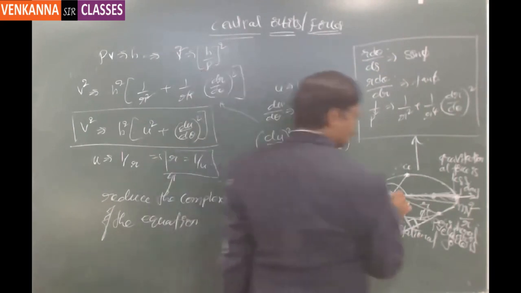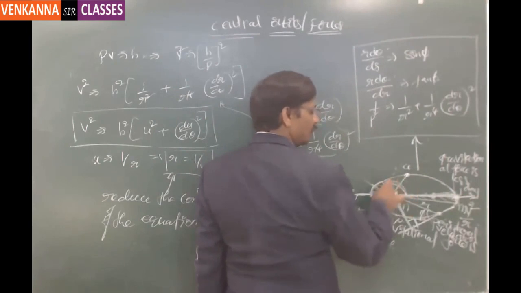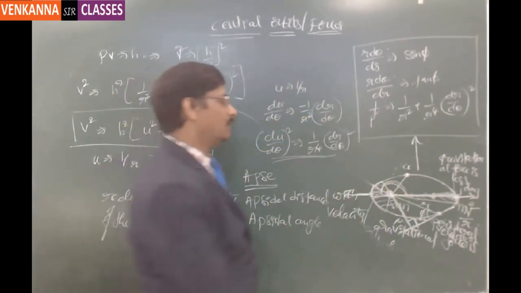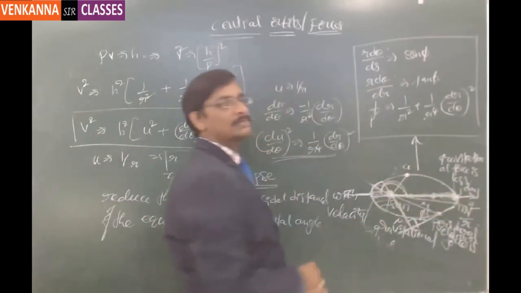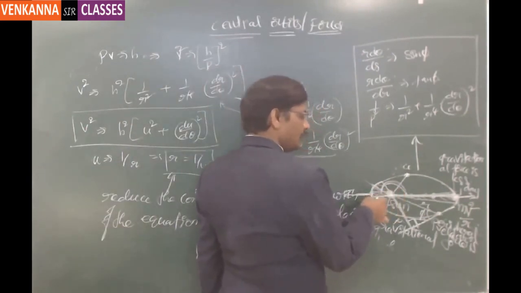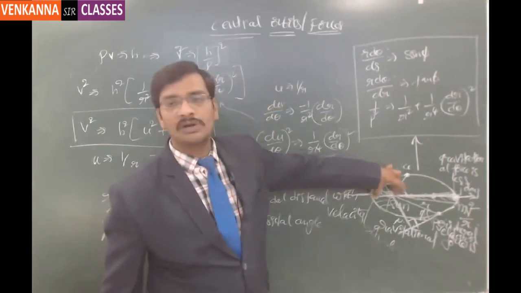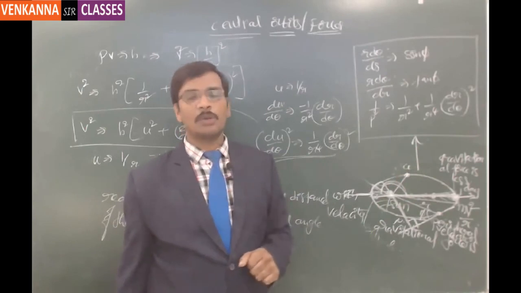This is one apse and this is another apse, and the angle between them, 180 degrees, is the apsidal angle. The apsidal distance is the distance from the sun to the farthest point. Even the distance from the planet to the sun at the least point is also called the apsidal distance. This is just a convention in describing the problem statements.